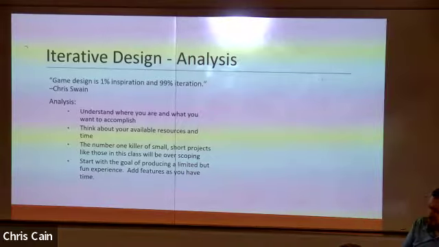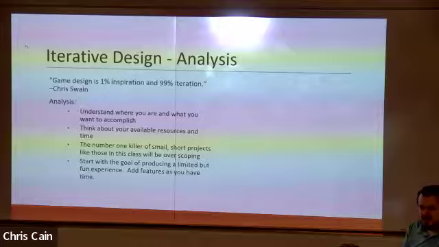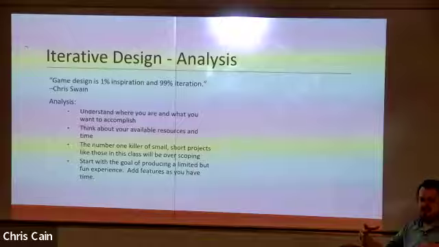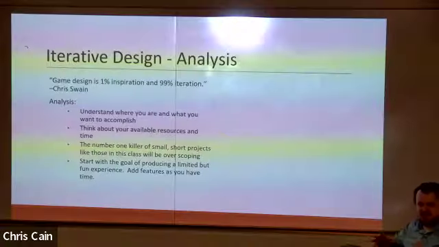So you want to be able to, over the first couple iterations, produce something that is a limited and fun experience, kind of the concept of a minimum viable product. You have a game, it's kind of fun to play, and it doesn't expand much beyond that initial premise. And then the rest of those iterations are going to be to add as much as you can to that.